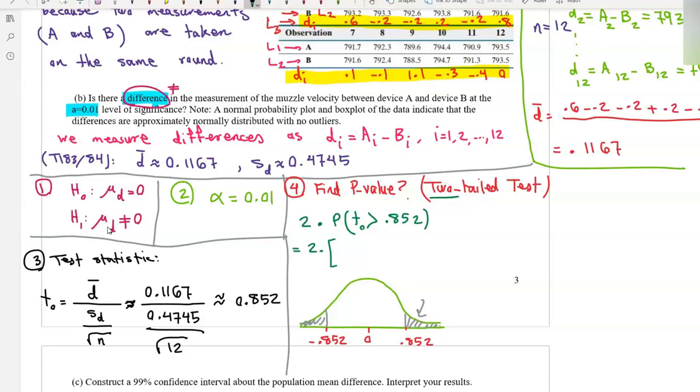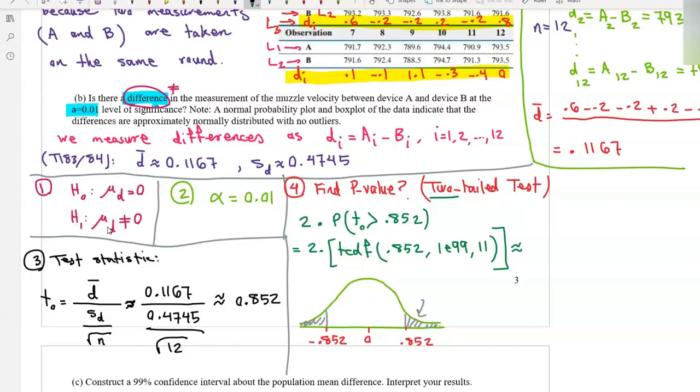To find p, we have to use tcdf. So tcdf, first we have 0.852, 1E99, and our degree of freedom is 12 minus 1, because our sample size is 12. So 12 minus 1 is 11.